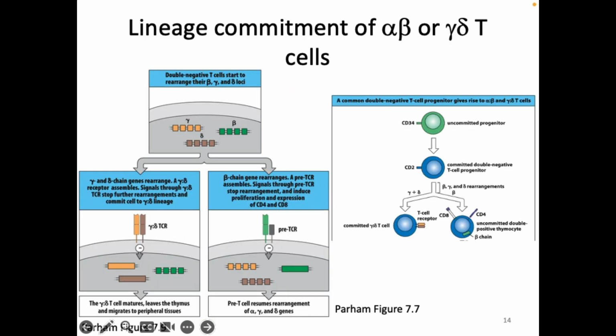As I told you before, in the early stages in our pro-T cell, our T cell is actually going to start doing rearrangement of beta and delta, which are both heavy chains, as well as gamma, this light chain, all at the same time. So all three of those happen during the time that the cell is a pro-B cell or pro-T cell. You can see that here.